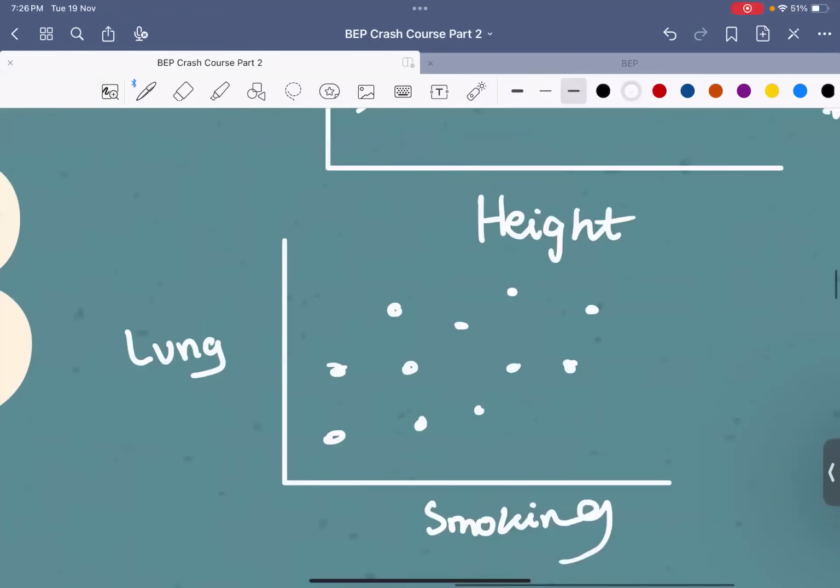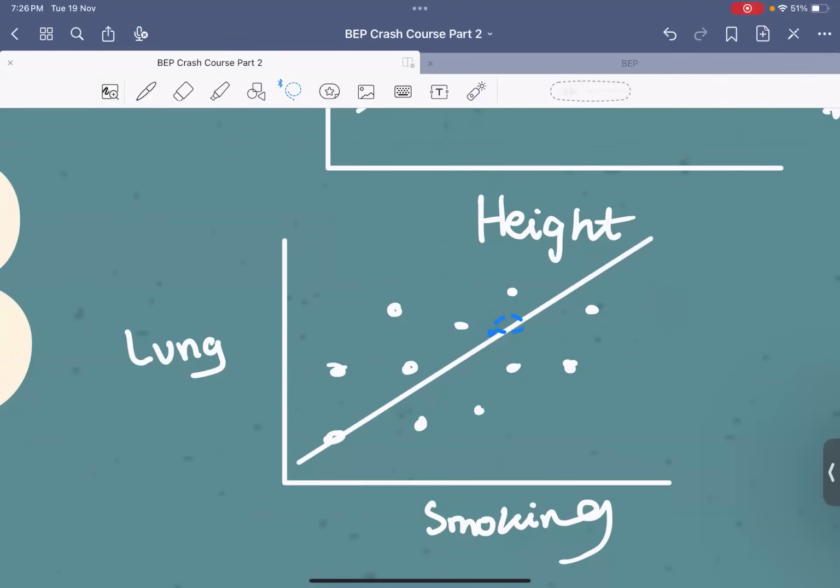You'll have a scatter plot like this. If we draw a line of best fit in the middle, it goes like this, roughly. So we say they have a linear positive relationship, again, because increased smoking, pack-years for example, will increase lung cancer.